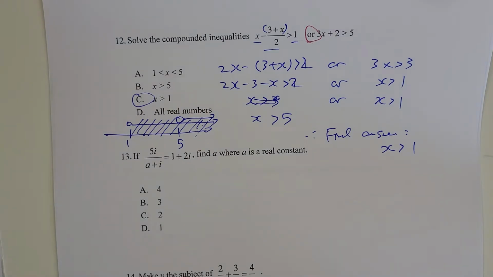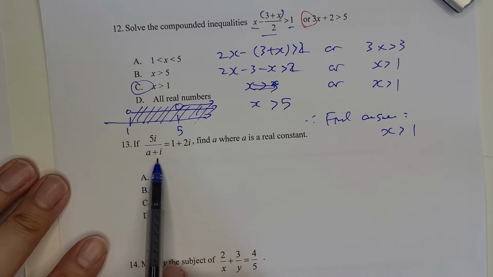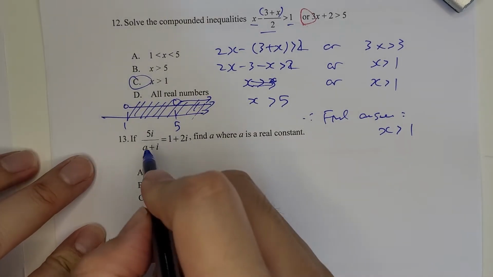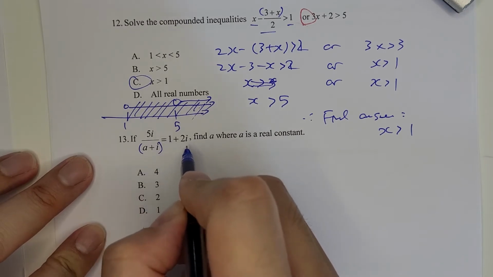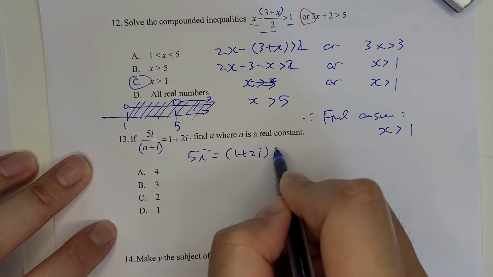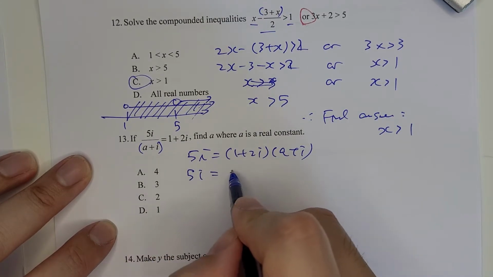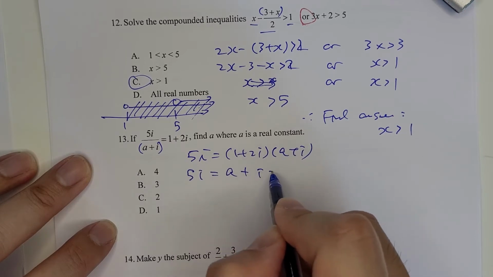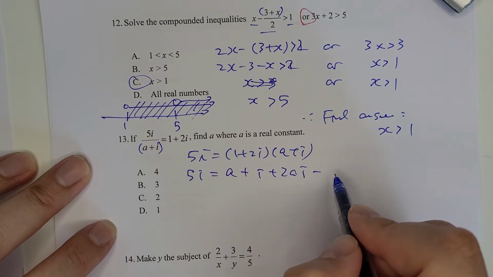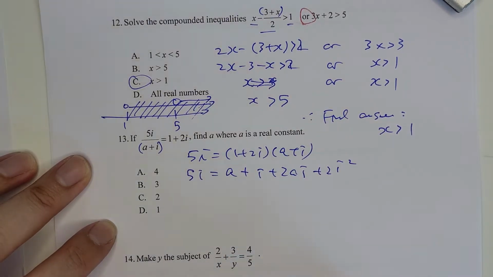And question number 13. 5i over a plus i equals 1 plus 2i. So you can just directly multiply a plus i to the other side. 5i equals 1 plus 2i times a plus i. 5i equals a plus i plus 2ai, and then plus 2i squared.